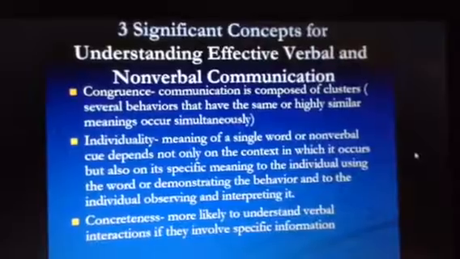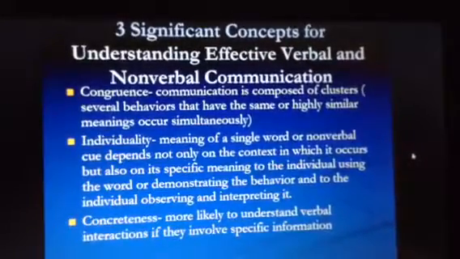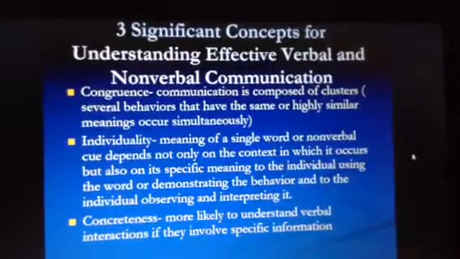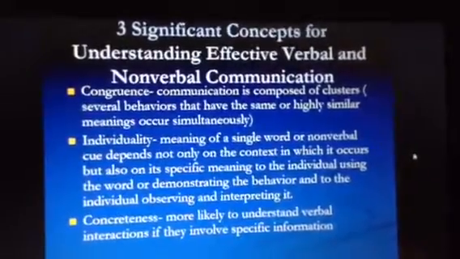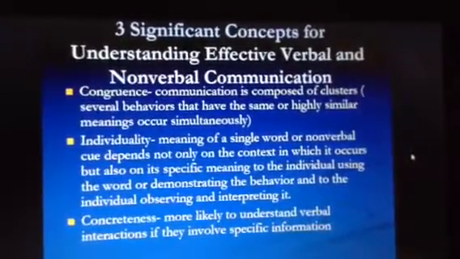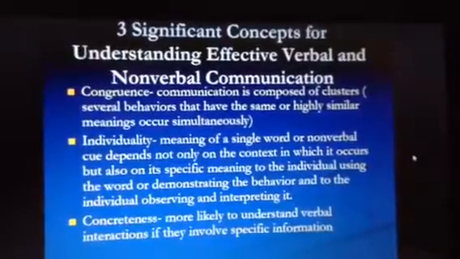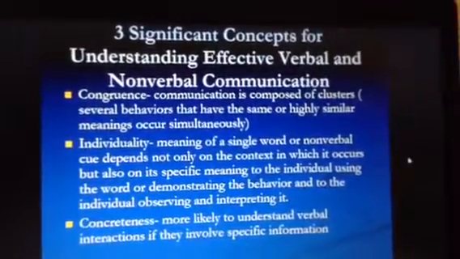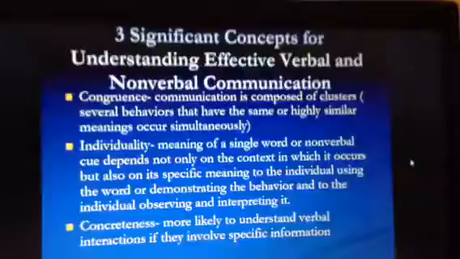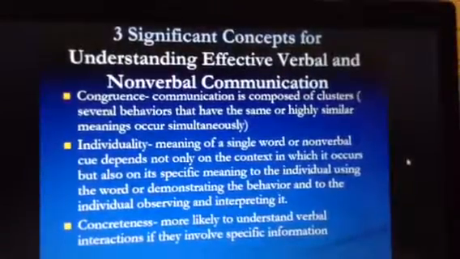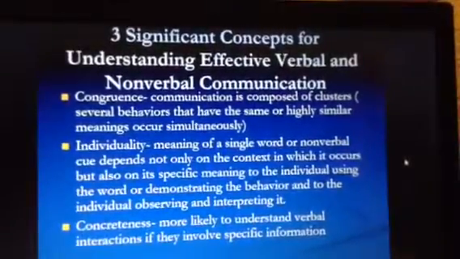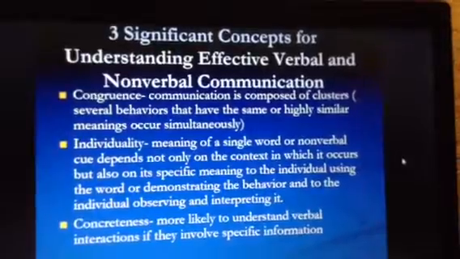Individuality is the meaning of a single word or nonverbal cue. It depends not only on the context in which it occurs, but also on its specific meaning to the individual using the word or demonstrating the behavior and to the individual observing and interpreting it. Concreteness is that you are more likely to understand verbal interactions if they involve specific information.